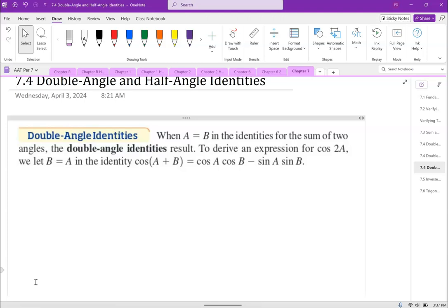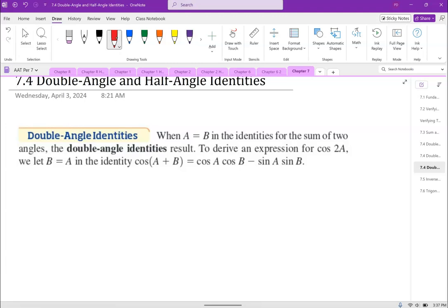So let's start with cosine, just like we started with cosine in the sum and difference identities. If we say that the cosine of 2A can really be thought of as the cosine of A plus A, because A and B are equal, we can plug that into the sum identity for cosine.